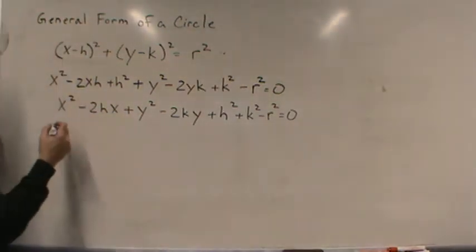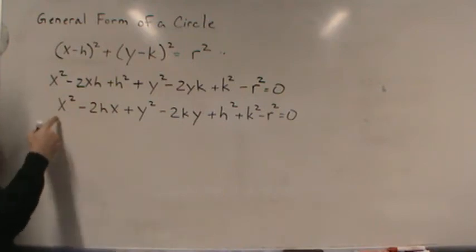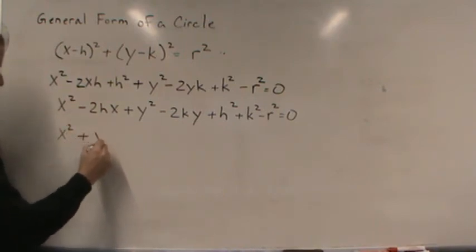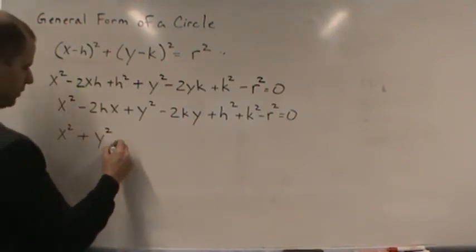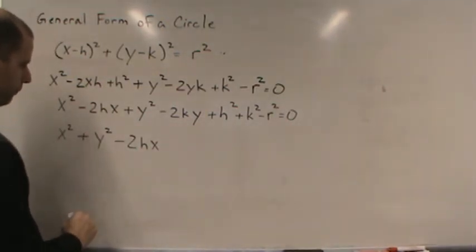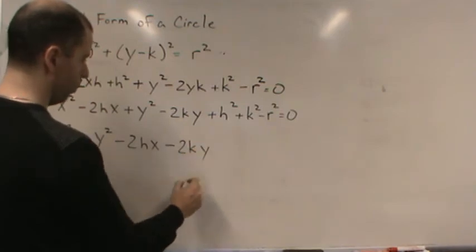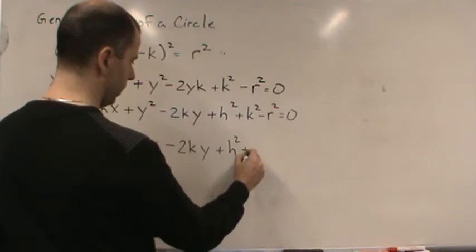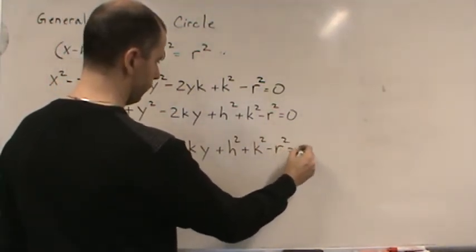Okay, so let's put these squares together, right? So normally we have x squared plus y squared. And then let's do minus 2hx, minus 2ky, plus h squared plus k squared minus r squared.